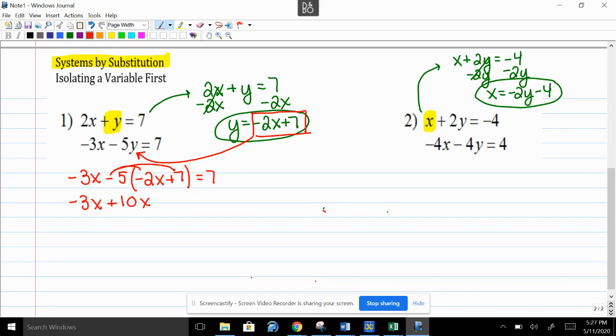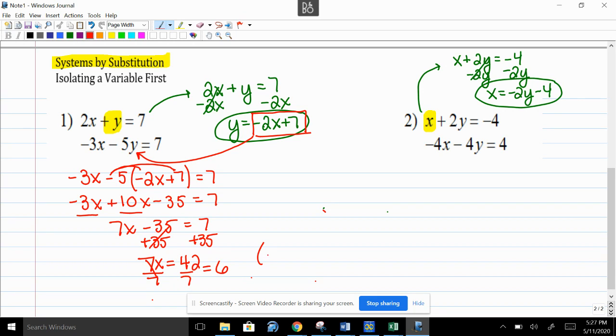Negative 5 times 7 is negative 35 equals 7. Negative 3x and 10x makes 7x. Minus 35 is equal to 7, plus 35 plus 35. 7x is equal to 42. Divide both sides by 7. 42 divided by 7 is 6. So the x coordinate of your answer is going to be 6.